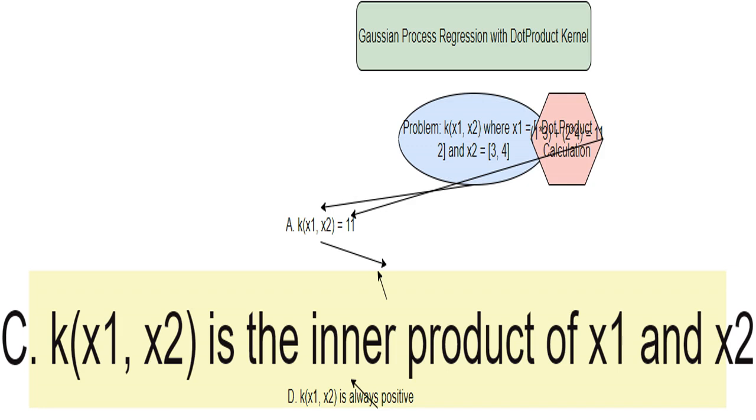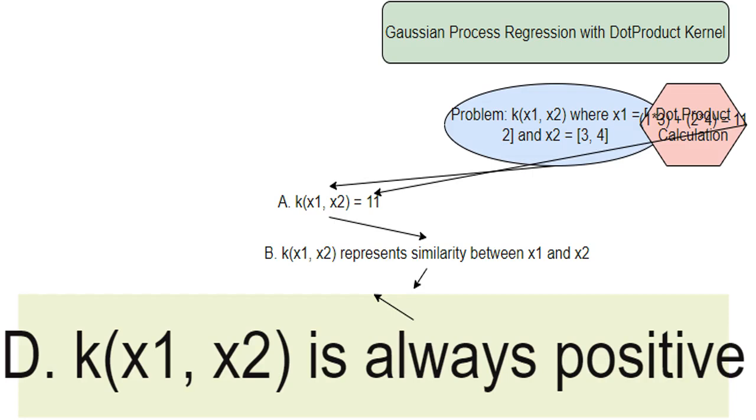Let's confirm this is how the dot product kernel works. This statement says that the result of the dot product kernel is always a positive number. We will determine whether this is always true or not.